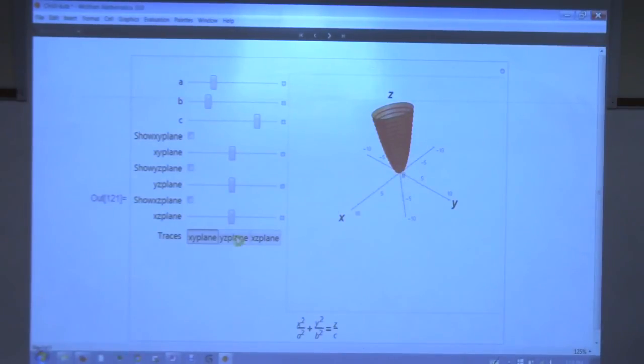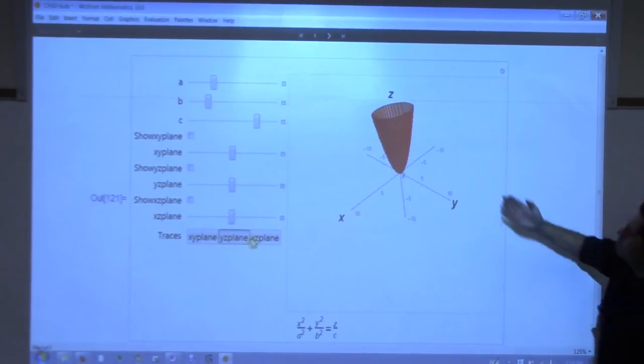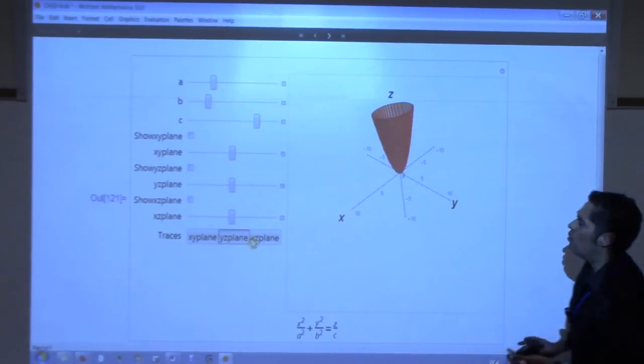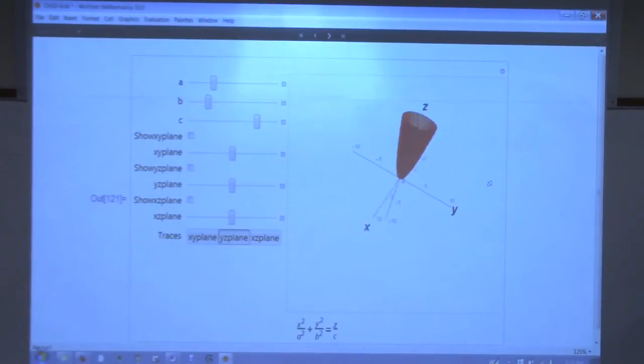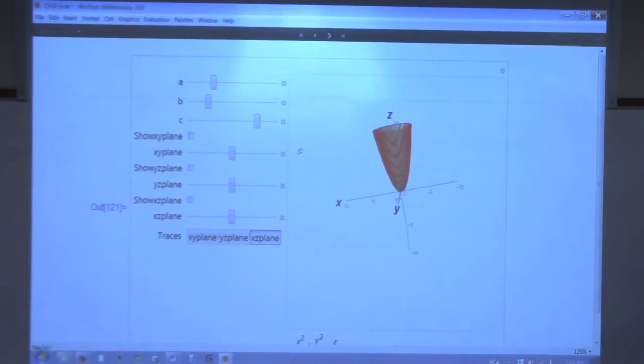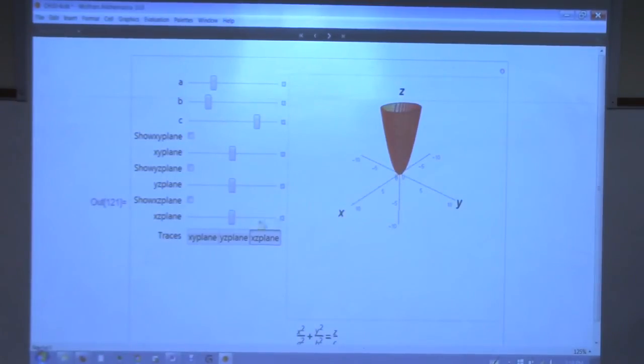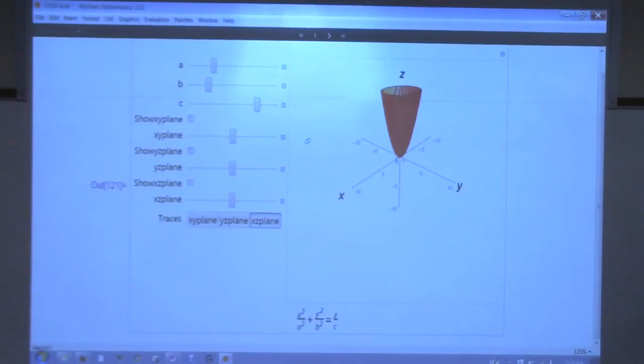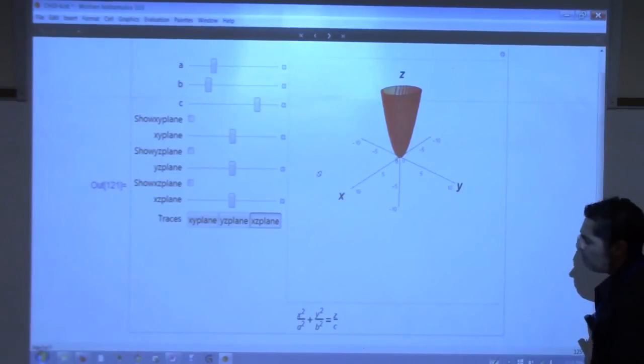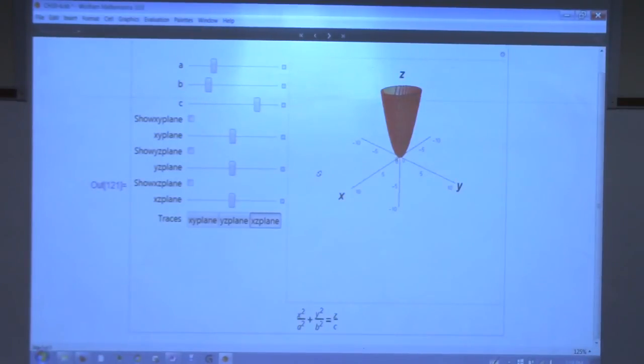If I cut it a different way, yz plane, start cutting it this way, those are all what? Parabolas if we look at them from the side. And then if we cut them the other way, we're going to get parabolas again. Do you ever get circles if you cut them in the xy plane? Yes, if a, b, and c are appropriate. In fact, I think you could probably, let me see.